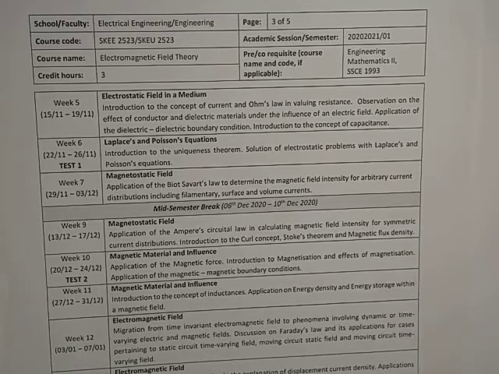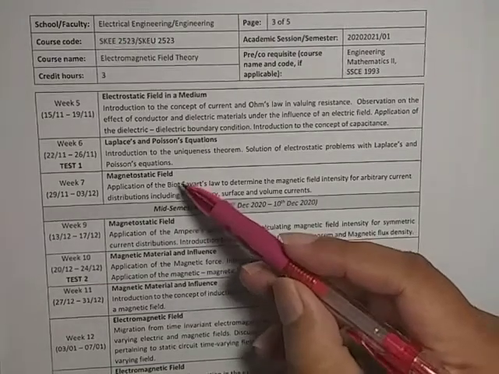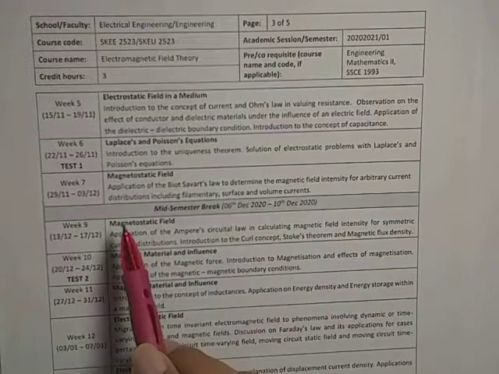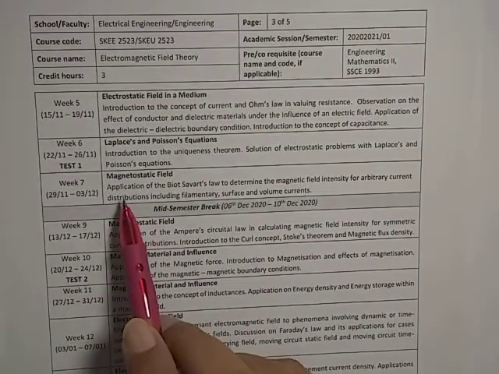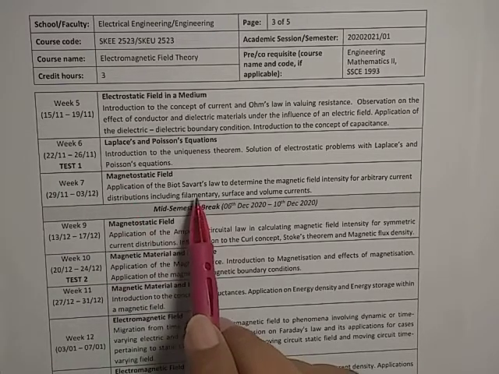Okay, in today's lecture we're going to continue with our current topic, which is magnetostatics. Alhamdulillah, we have completed the first task under the field of magnetostatics, which is Biot-Savart.